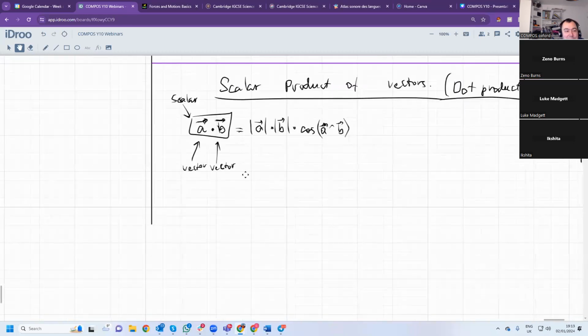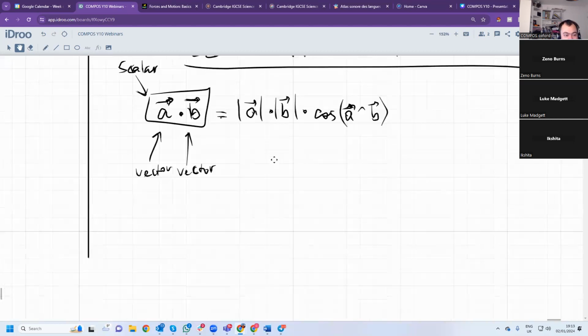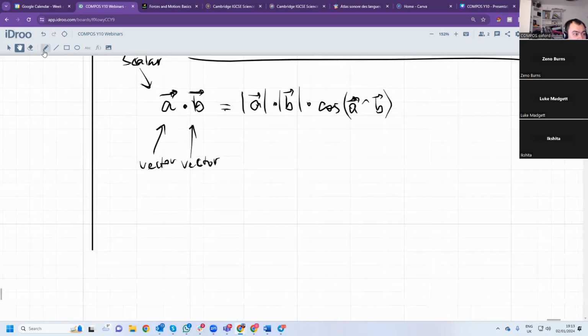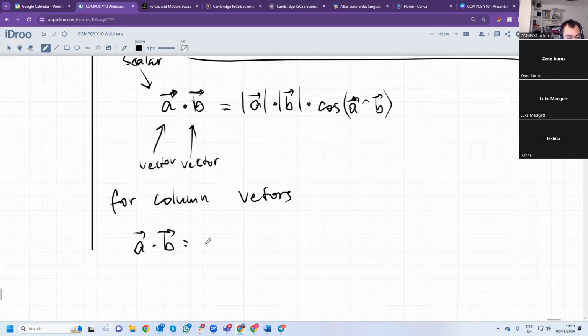It certainly is at COMPOS. The scalar product of vectors is defined as this. If the vectors are column vectors, A times B is going to be AX BX plus AY BY.